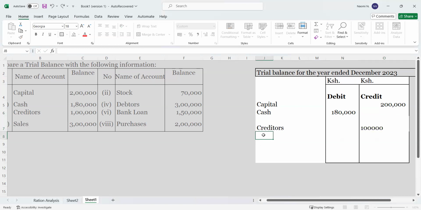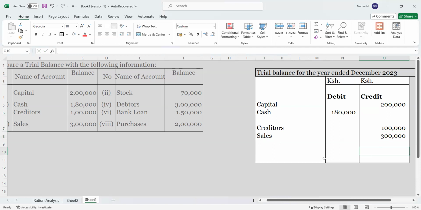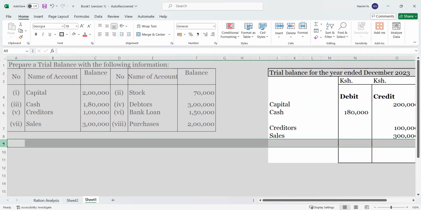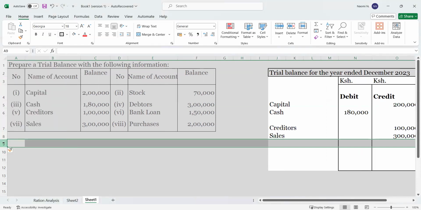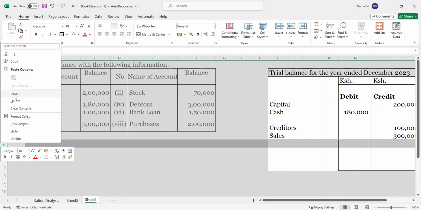Then we have sales. For sales, we credit. And as you debit, especially when you have additional information, whatever you credit, you debit. But in this question, we do not have any additional information, so we'll just insert it the way they have asked the question.